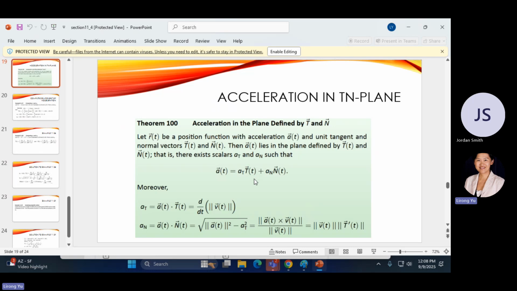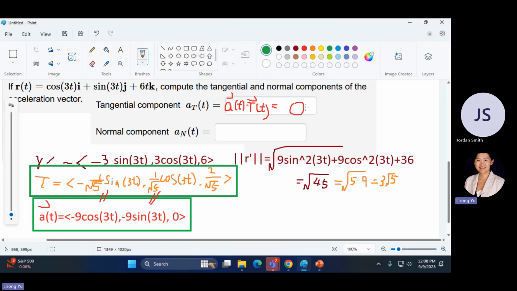That one was 0, so this one is all we have. That's really the magnitude of the acceleration multiplied by the unit vector. So AN essentially is the magnitude of the acceleration function.